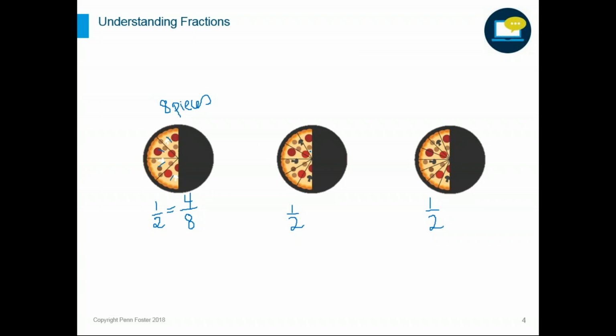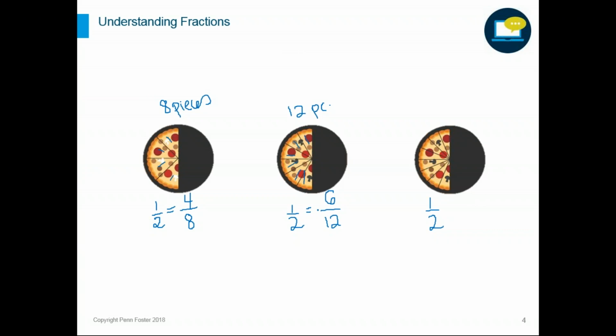The same thing with the second pizza. It originally had 12 pieces. So I'm able to write the denominator as 12, the whole, the total number of pieces. And out of the 12, there are 1, 2, 3, 4, 5, 6 pieces remaining on the tray. So 6/12 is also equivalent to a half. And again, these three fractions are different, but they have the same value.